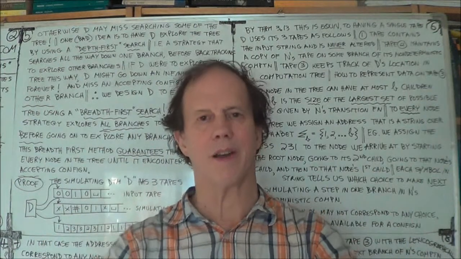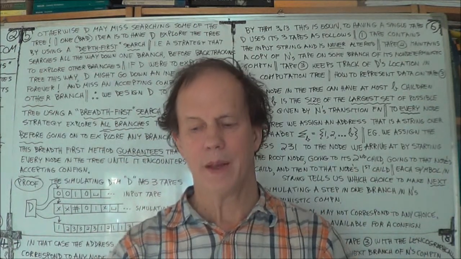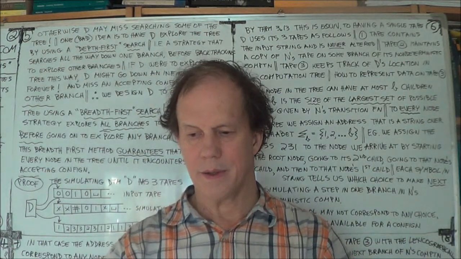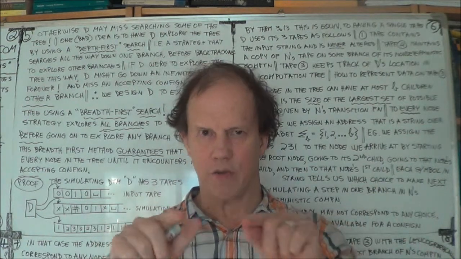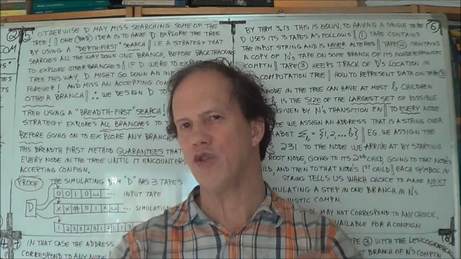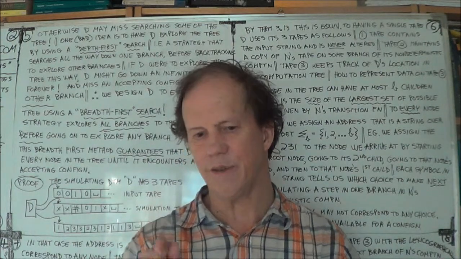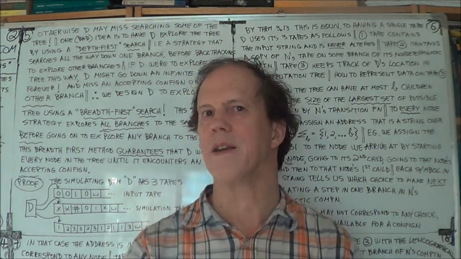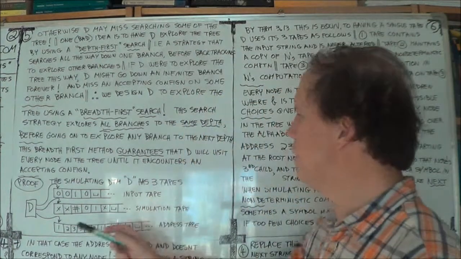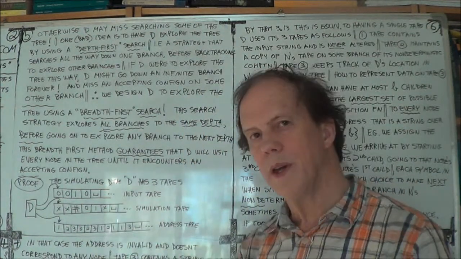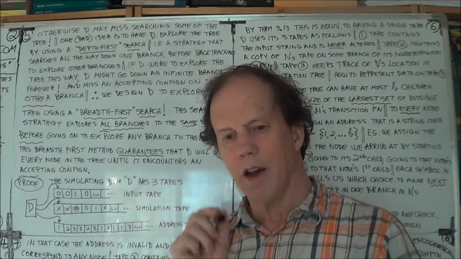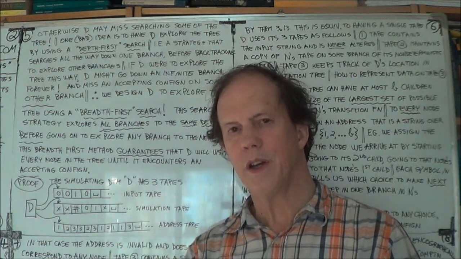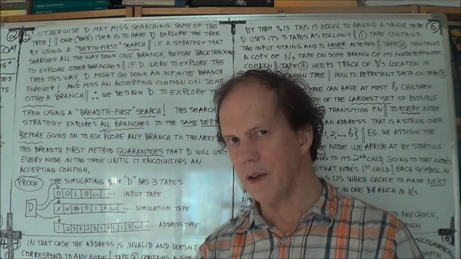There's this bushy tree, let's say. And every node in that tree, you can give an address that identifies the node. You give me the address, I can find the node in that tree. So this third tape contains the address of a particular node in the tree.